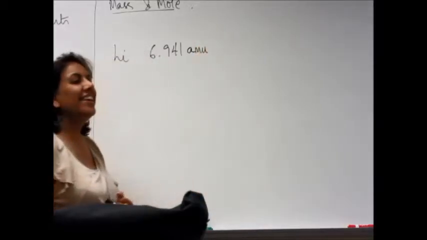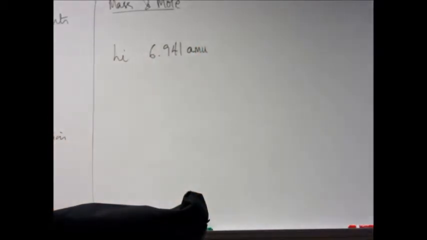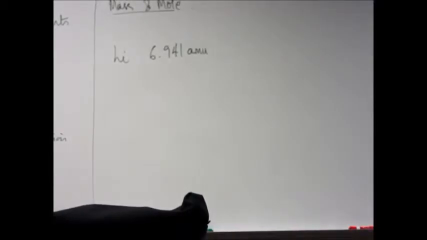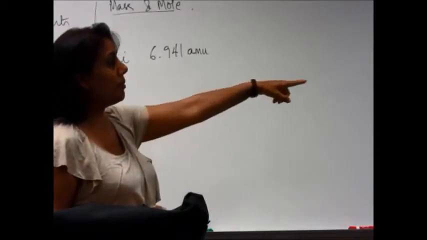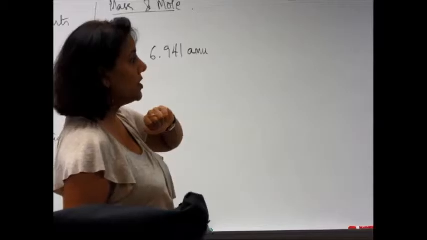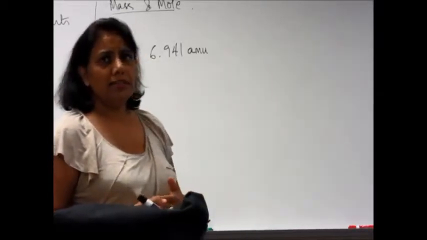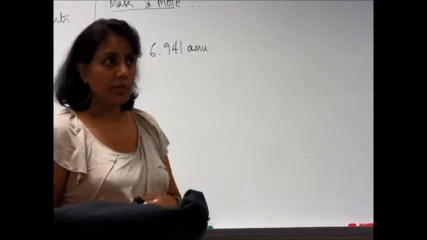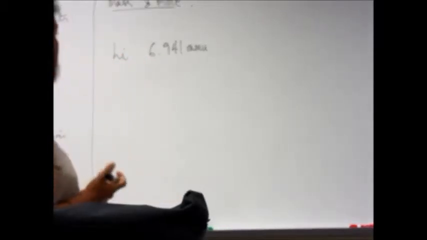AMU, atomic mass unit. That's what you're using. We're going to change that in a little bit, but right now you're just using atomic mass unit. So 6.941, that's the atomic mass unit, and that's the mass that we will say for lithium. And you know that the mass is equal to the number of protons and neutrons coming from the atom. So that is for lithium.